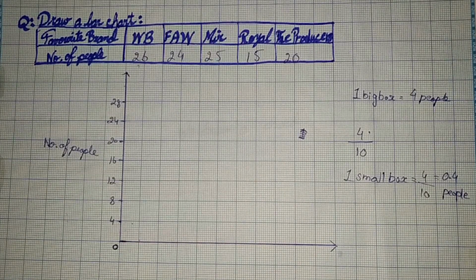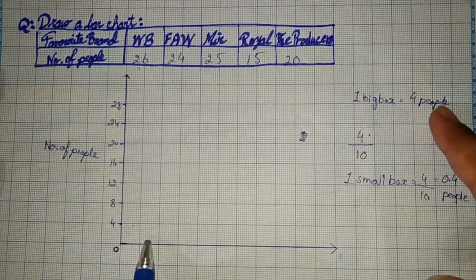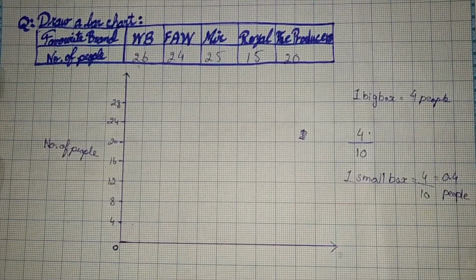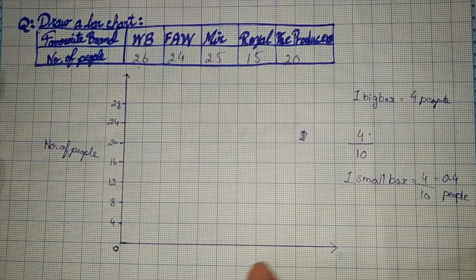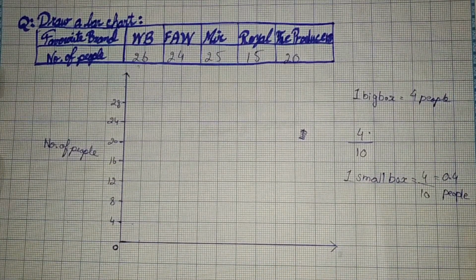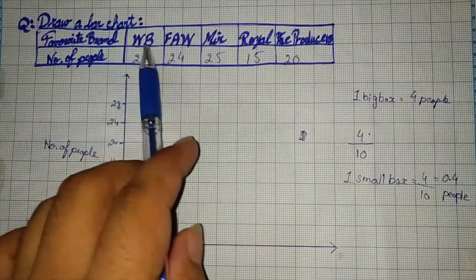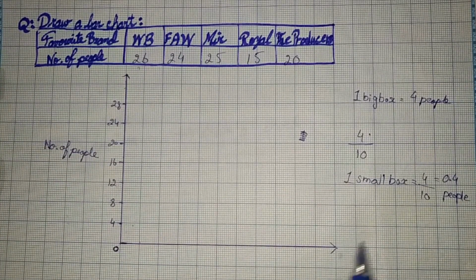So you can see we have the number of people, and one big box is representing 4 people. Now on this x-axis we will represent favorite brands.